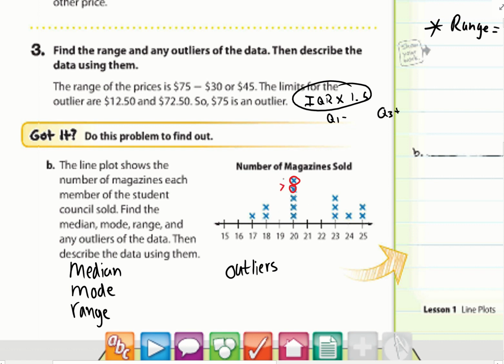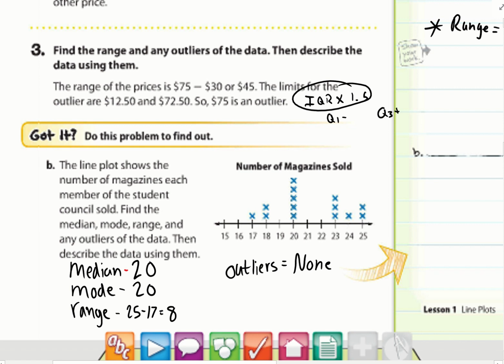Luckily, both numbers are 20, so my median is going to be 20. My mode, the number that appears the most, is also 20. My range is going to be 25 minus 17, so my range is 8. And outliers, we're going to say there are no outliers, so we're going to put none.